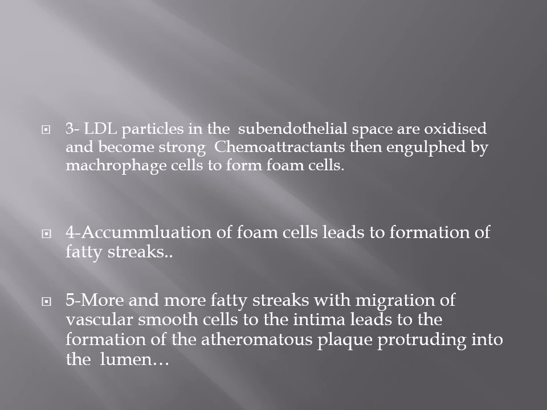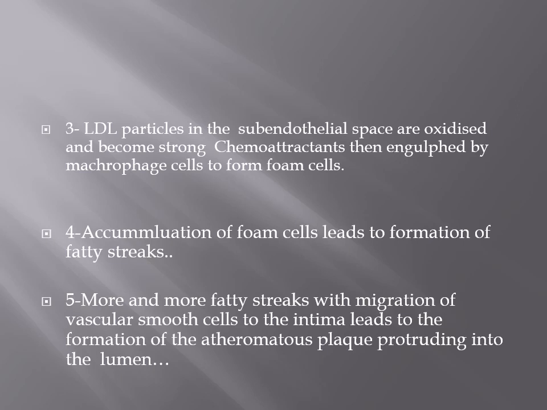Number 3, low density lipoprotein cholesterol in the subendothelial space undergoes oxidation into oxidized LDL. Then the oxidized LDL will become engulfed by macrophage cells derived from blood monocytes to form foam cells.